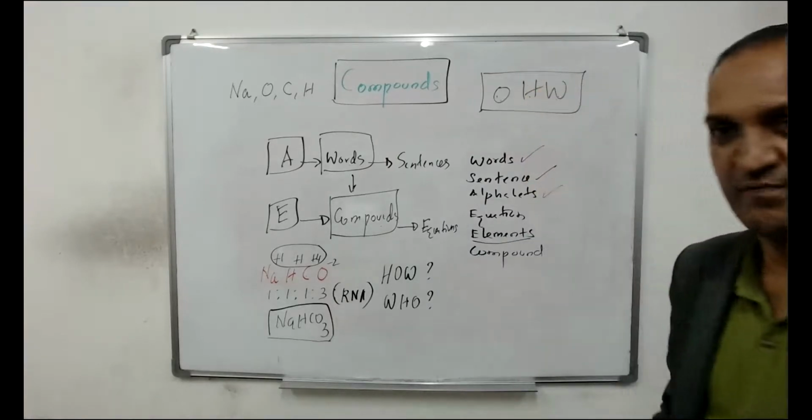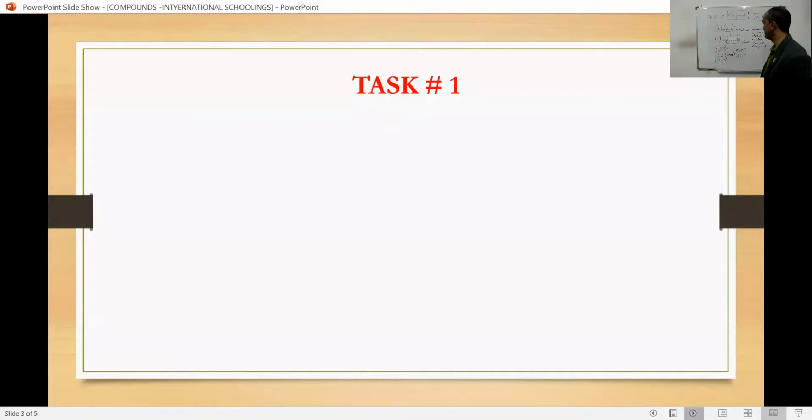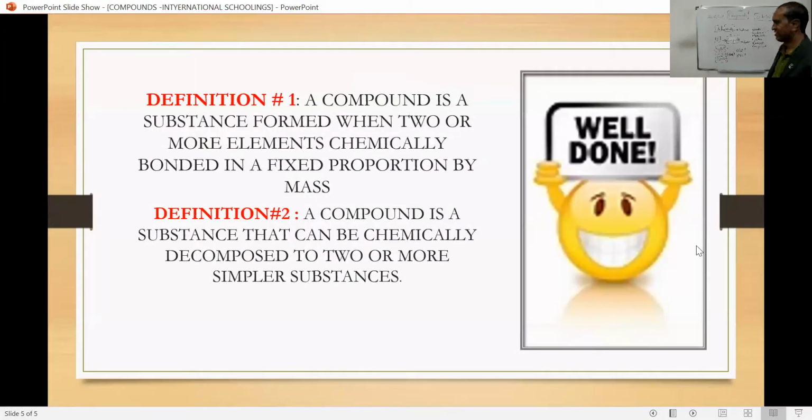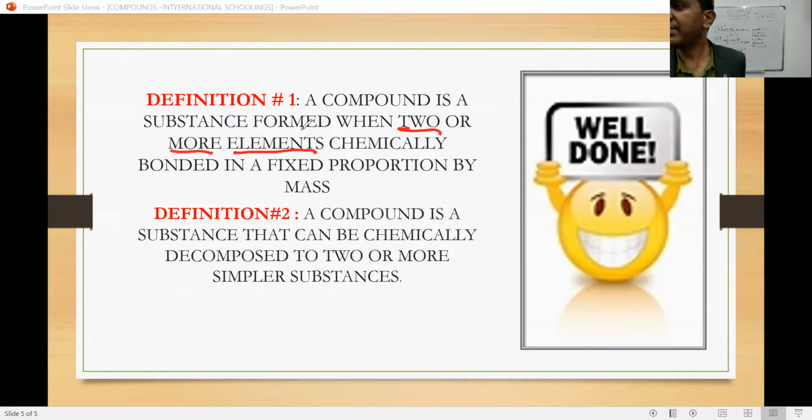The definition of compound is quite simple for you to remember. There are 2 definitions given. Definition 1: a compound is a substance formed when 2 or more elements are chemically bonded in a fixed proportion by mass.